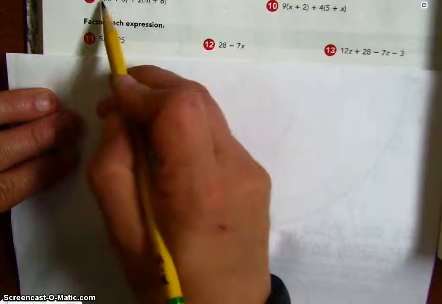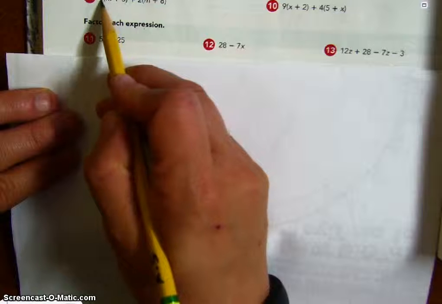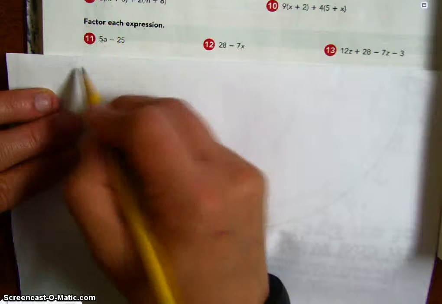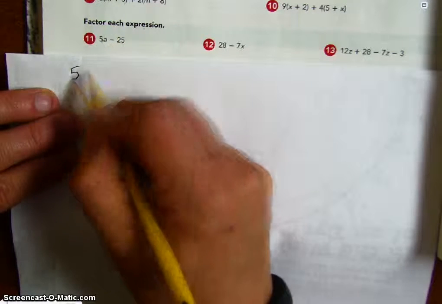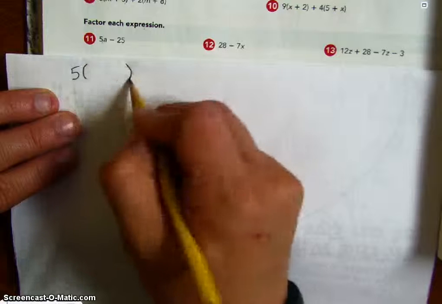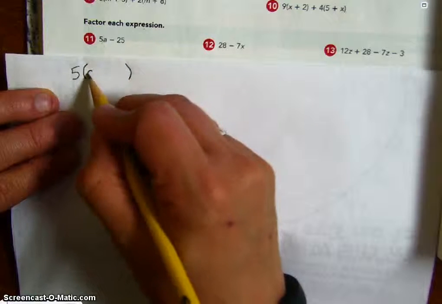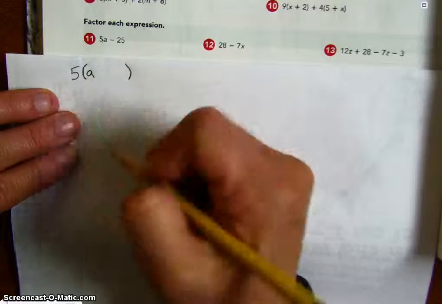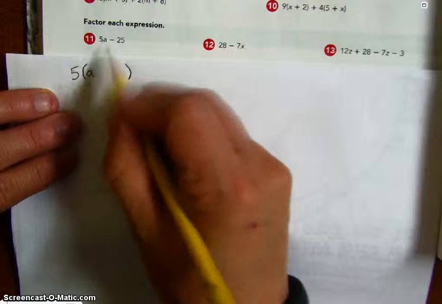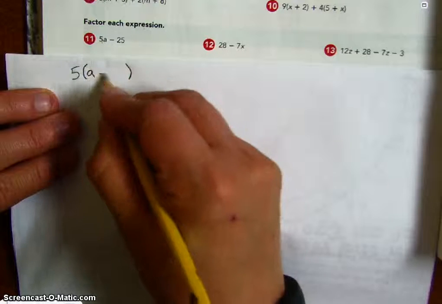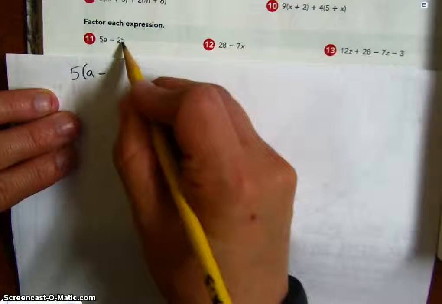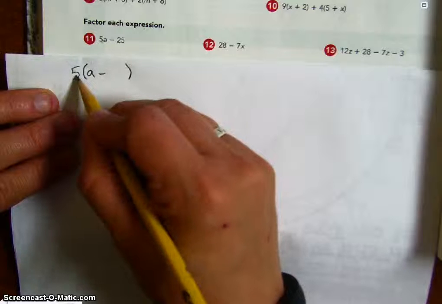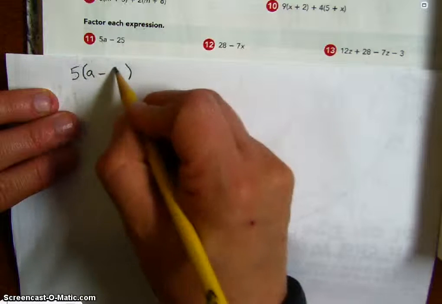So I'm just going to do exactly what they showed me as the original problem up here, and I'm going to say, okay, 5 is on the outside then. In parentheses, I'm going to put 1a, or it'd be more correct to just write a, because 5 times a would equal 5a, and I put my subtraction sign, and I am going to put, well, if I have 5, what can I multiply it by to make 25?